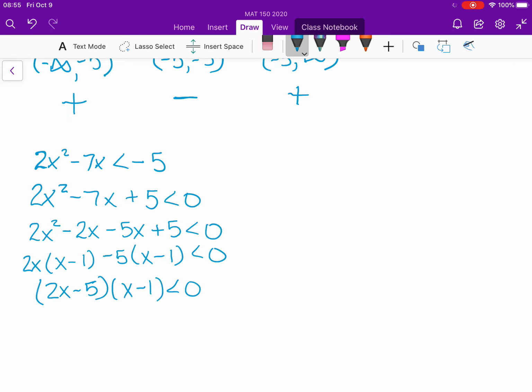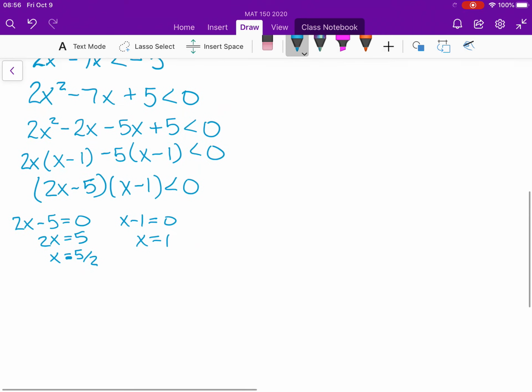All right. So now when I talk about my intervals, think about setting each one equal to 0. This one, I would have to add 5 and then divide. So x is actually 5/2. And then, of course, this one is much easier. X is 1.